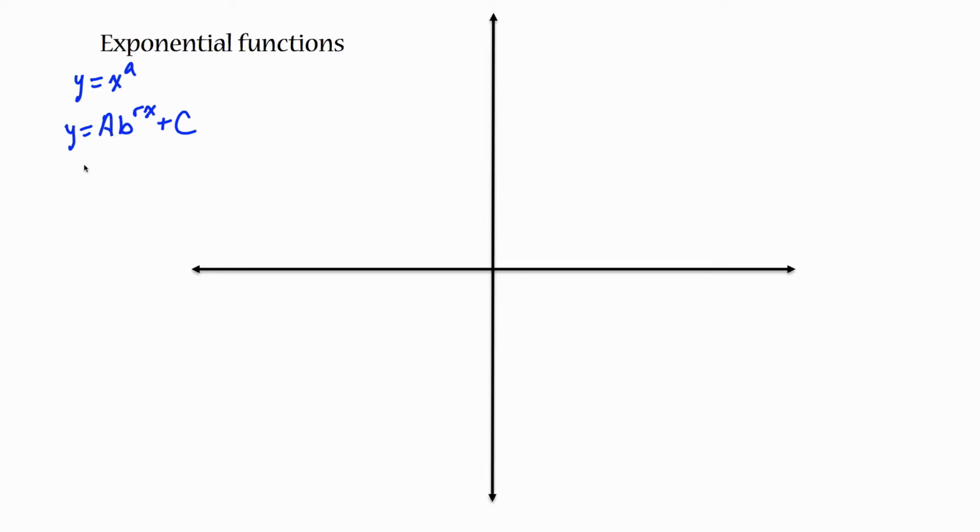But for starters, we're going to go with the simplest case, where most of those things are equal to 1, and your exponential function is just your base raised to the power of x.